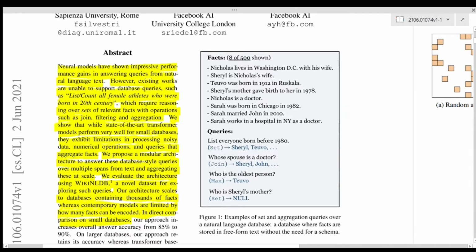Now, the problem which it mostly relates to is the question answering problem, where there would be a paragraph P, some paragraph of text.